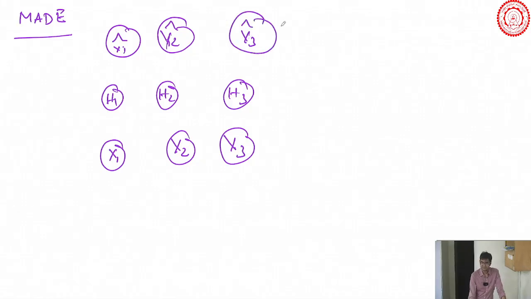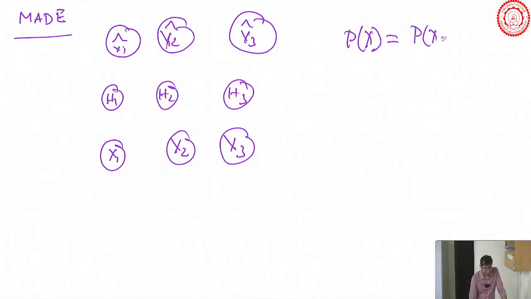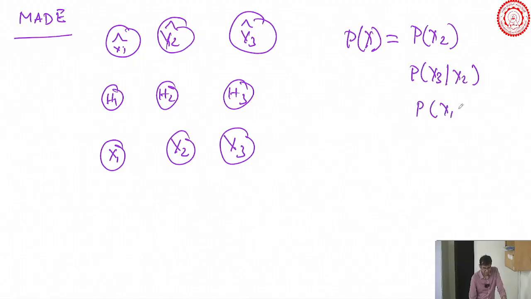Let's take it like this, and let's say that probability of x is equal to p of x2, p of x3 given x2, p of x1 given x2 and x3, something like this, right?